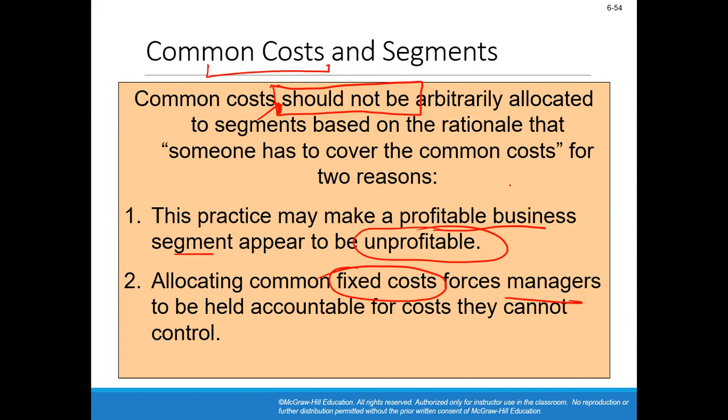If you allocate the salaries of the CEO into the segments made for aircraft, it will be a mistake, because the managers of a particular aircraft model segment do not have any control over how the CEO's salaries or expenses are managed. Boeing, the whole company or the central company, has control over the CEO, right?